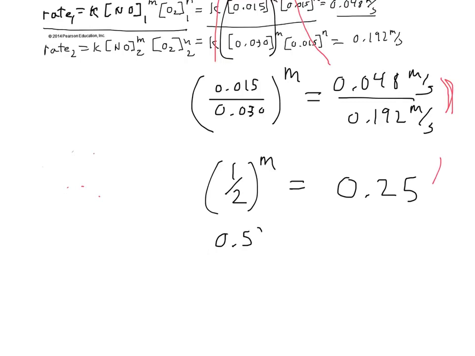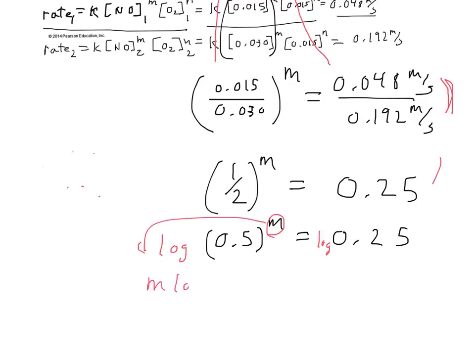Let's change our fraction into a decimal. So we have 0.5 to the m power equals 0.25, and we don't recognize what the value of m is. What you're going to do is take the log of both sides. By taking the log of both sides, that lets you pull the m down.